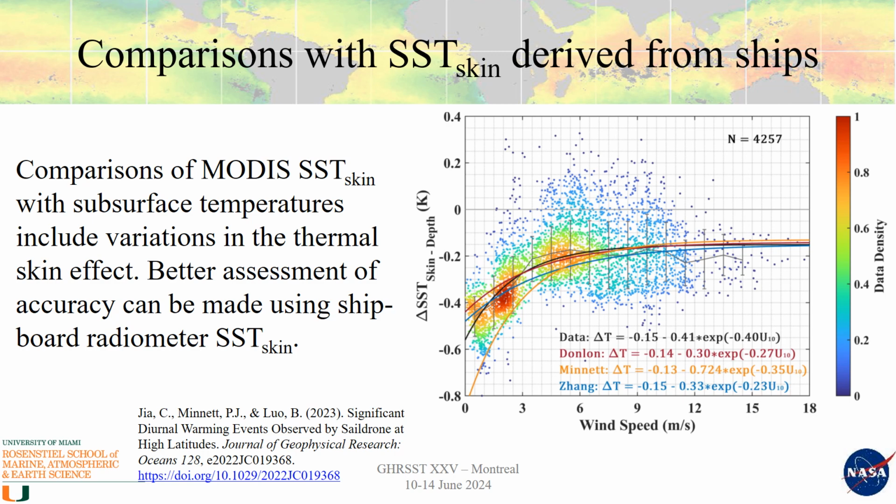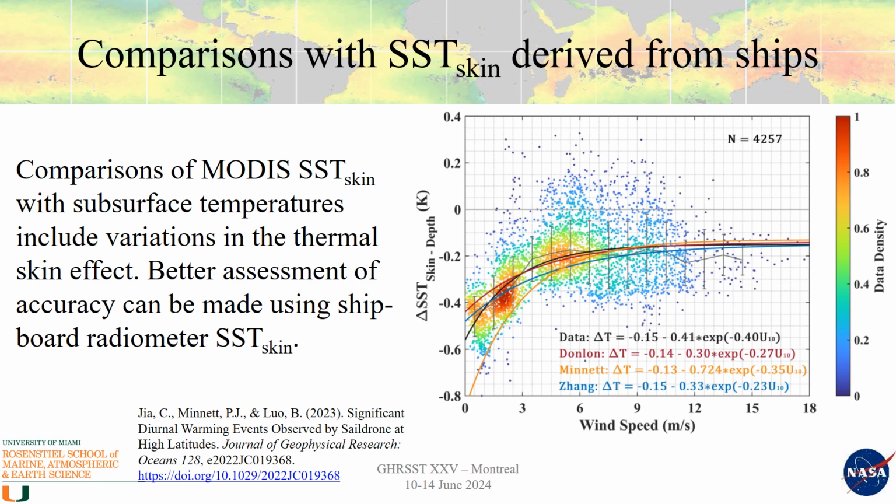The intercepts at high wind speed for these fitted curves are all within 20 millikelvin, and that would be very unusual if there were systematic errors in how these shipboard measurements and sail drone measurements were derived.